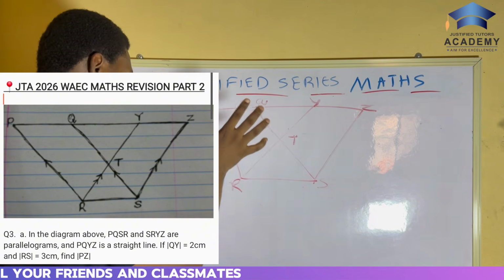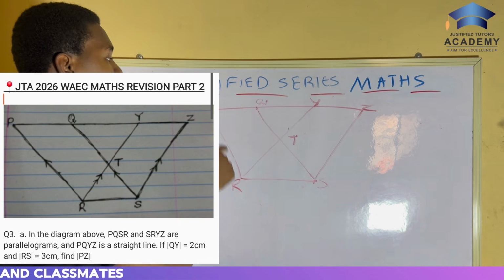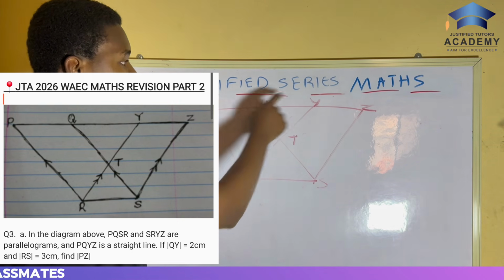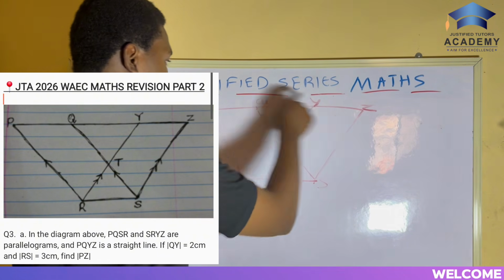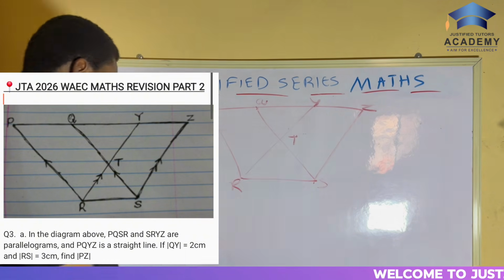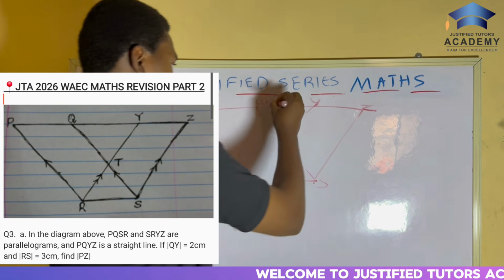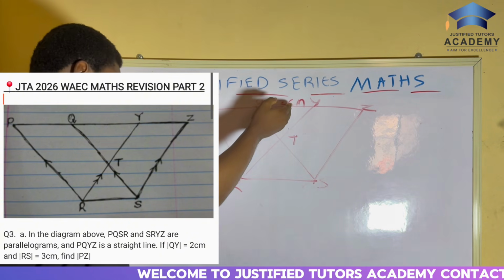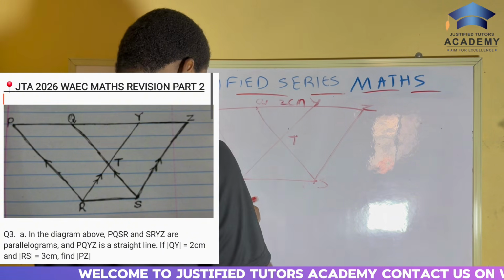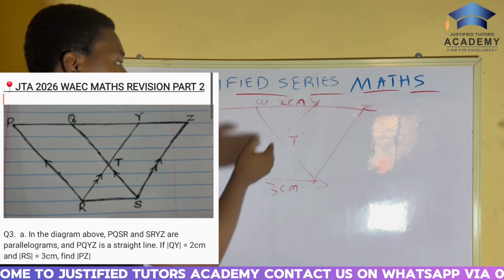And PQYZ is a straight line, that means from here to here is a straight line. If QY is 2 cm, if here is 2 cm, and RS is 3 cm, find PZ.